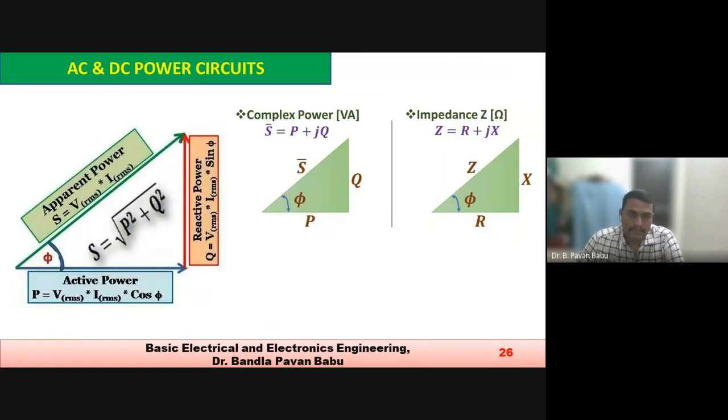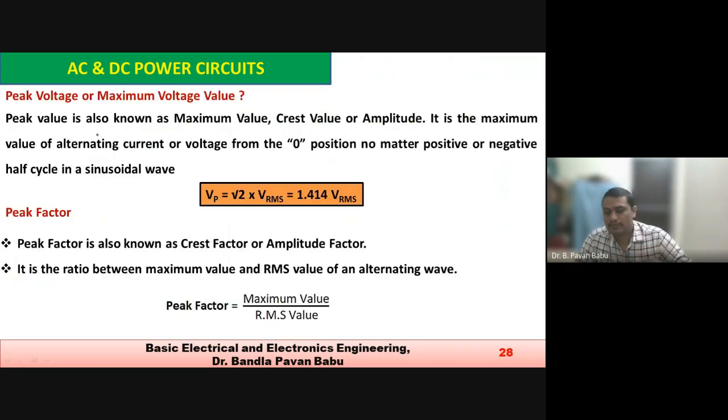The relation of real and reactive power through the power triangle has already been discussed, but anyhow, I would like to give it briefly. This is called the power triangle.